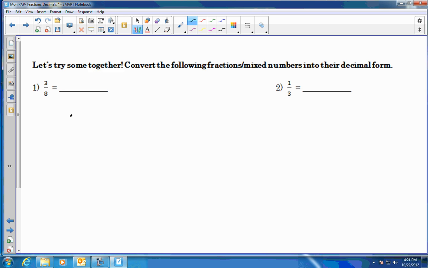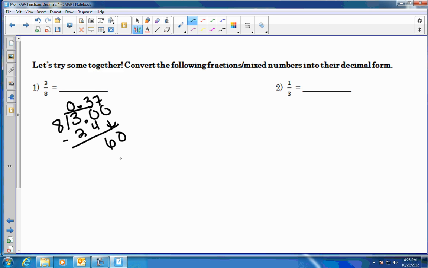So again, 3 is being divided up, and I want to know how many times 8 goes into that. So 8 does not go into 3, but it does go into 30. Goes into 30 3 times. 8 times 3 is 24. And drop down your next 0. 8 goes into 60 7 times.